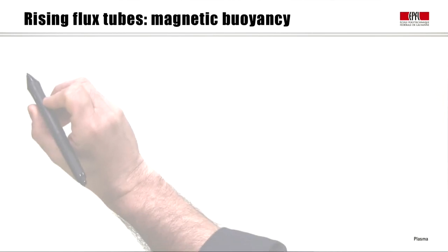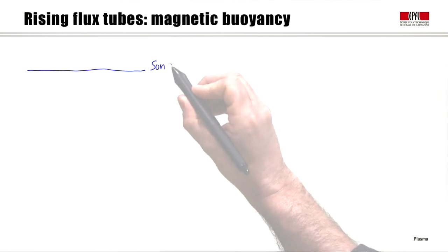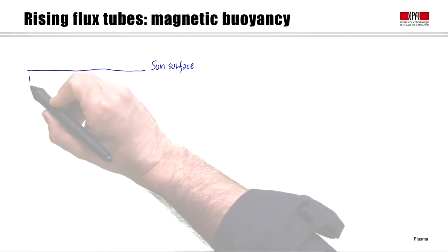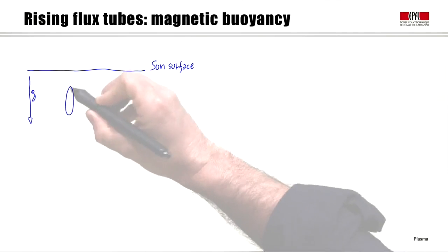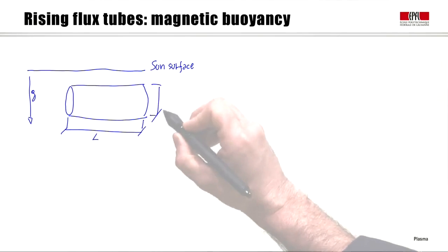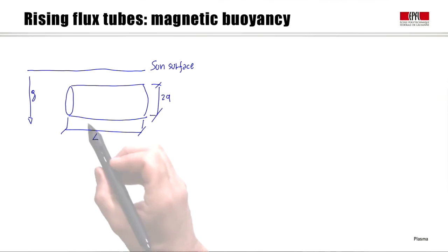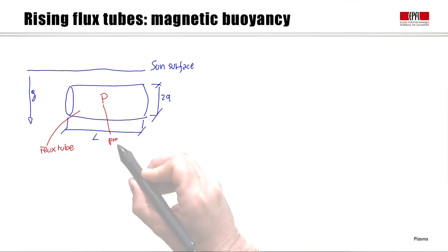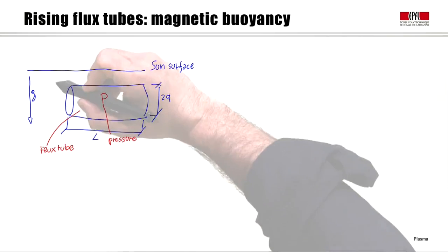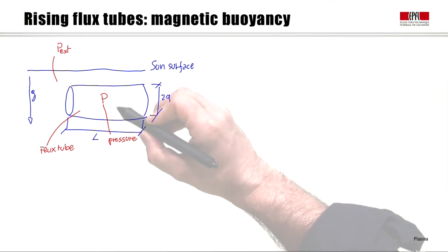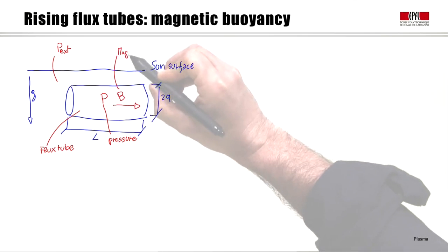What can make the flux tube emerge? The answer is magnetic buoyancy, which is similar in physics to an emerging submarine. Consider a flux tube which is immersed in the solar plasma underneath the surface, and it is perpendicularly oriented to the solar gravity. Plasma in the flux tube has a pressure P, and the plasma outside the flux tube has a pressure P external.